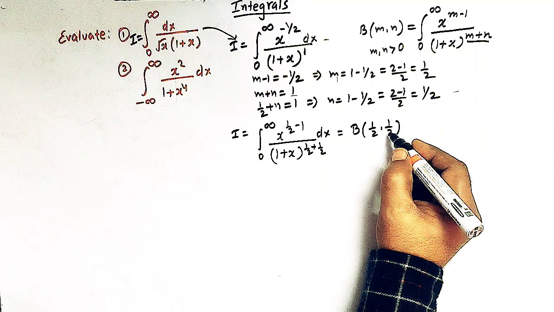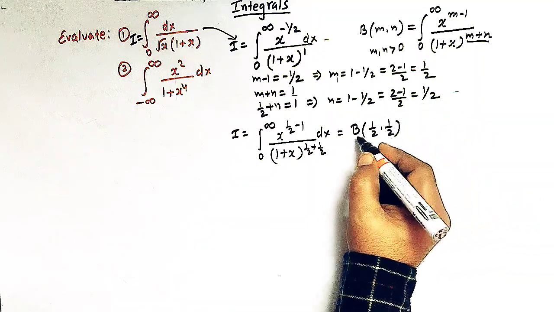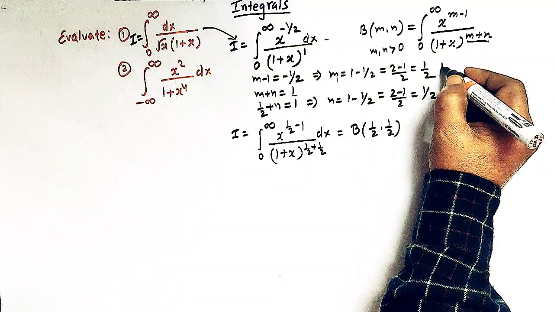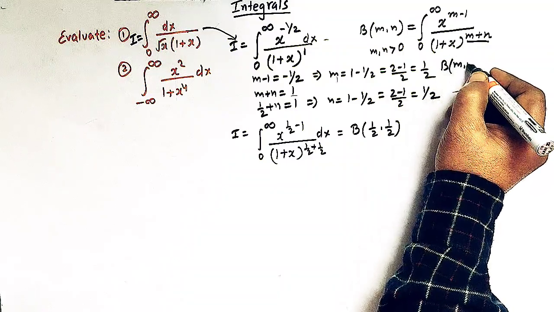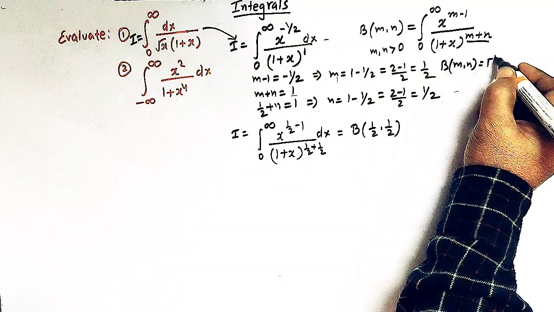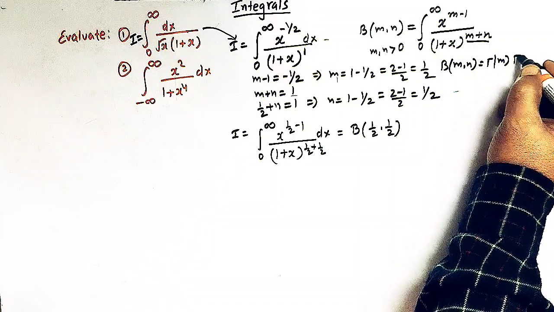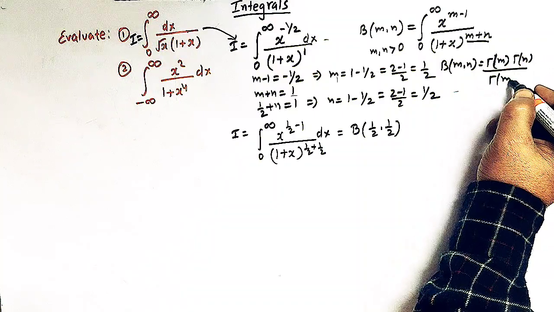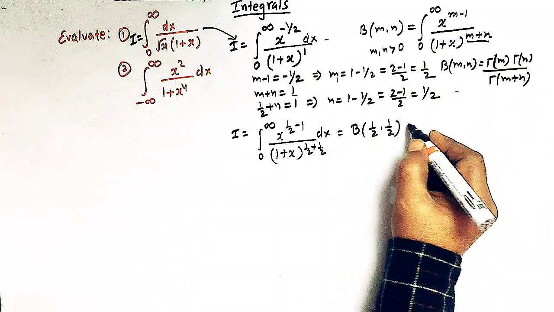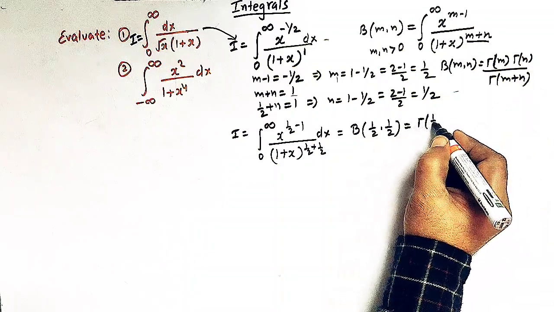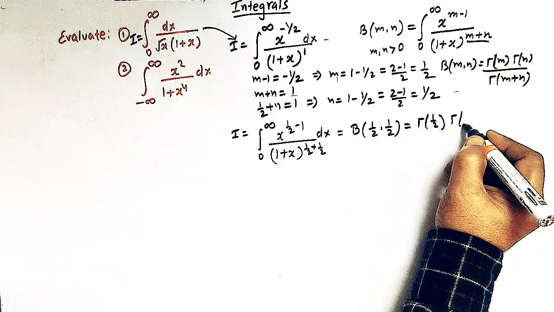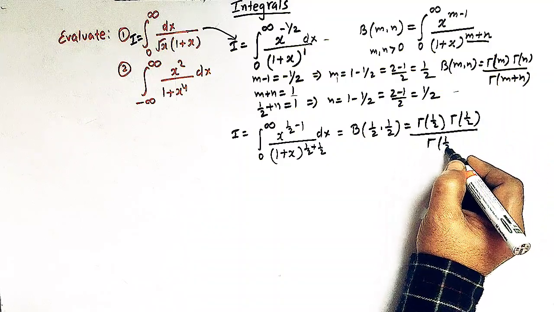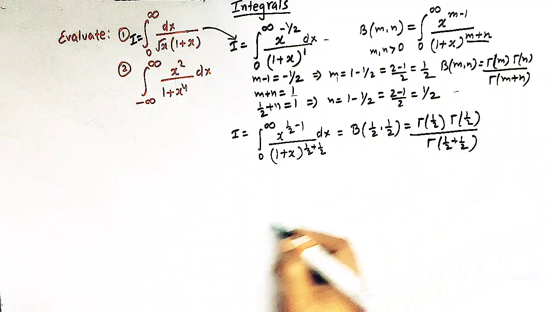Now here we'll make use of an important result connecting the beta function with gamma function, that is beta m comma n is given by gamma m gamma n divided by gamma m plus n. So here we can now write gamma half, then we have gamma half, and then we have gamma half plus half, right?